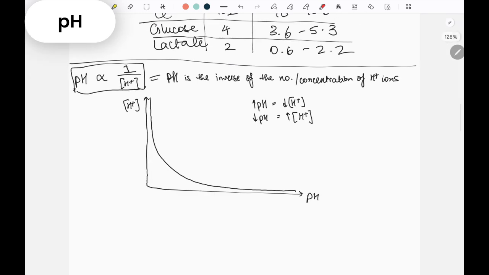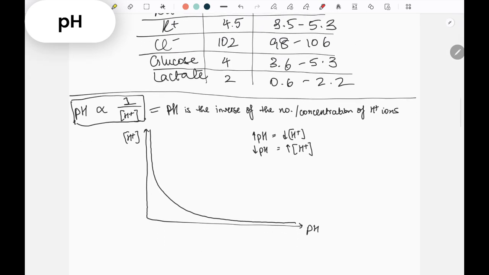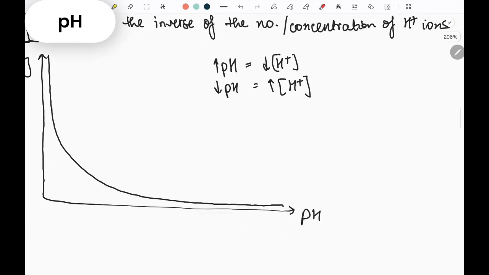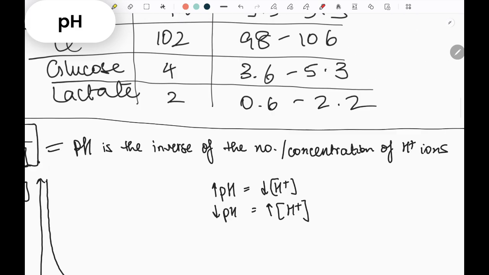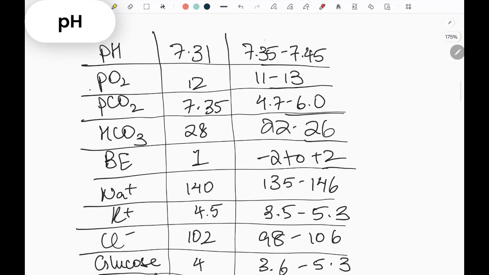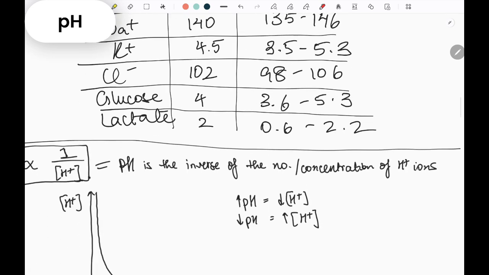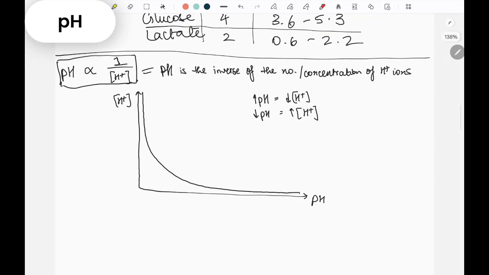Okay, so when we see a patient who has a higher pH or higher than the boundary, this probably tells us something is going on inside the patient's blood, and the same can be said for the opposite.